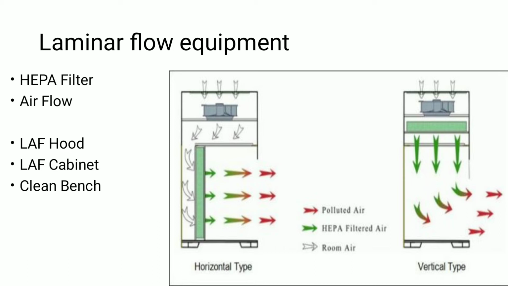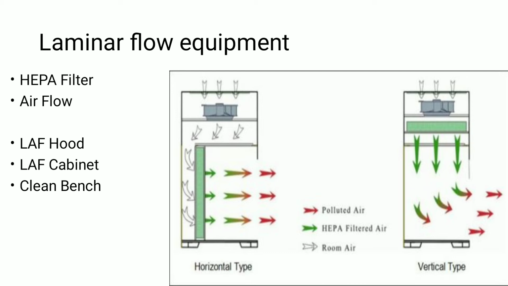There you can see, from the top there is an inlet of air, that means the room air, whatever the aseptic area room has. Whatever air is there passes through that HEPA filter. On the top you can see that HEPA filter. That HEPA filter is not a single layer, it is a multiple layer filter.